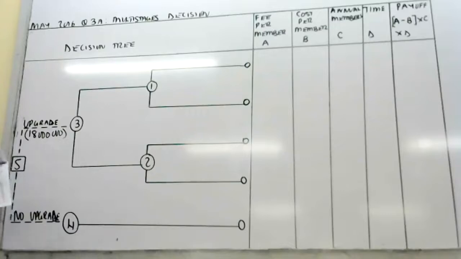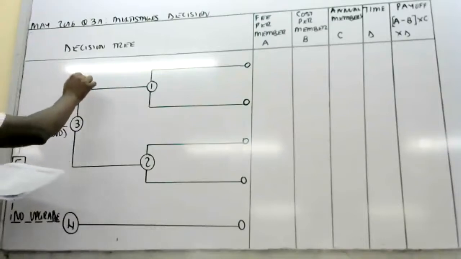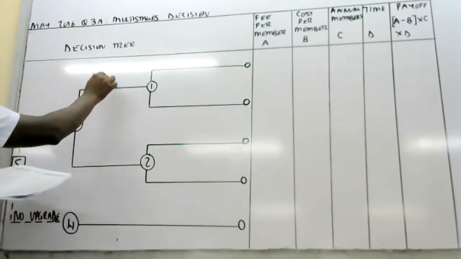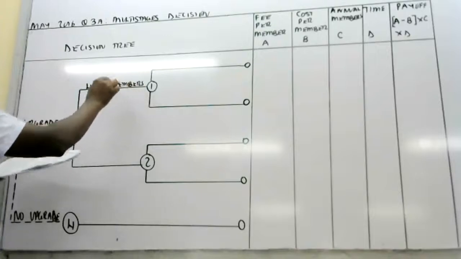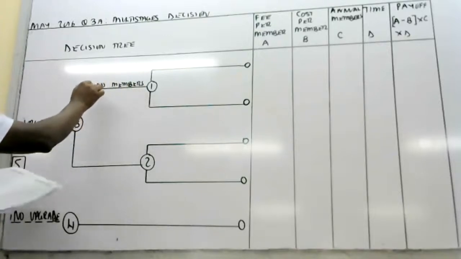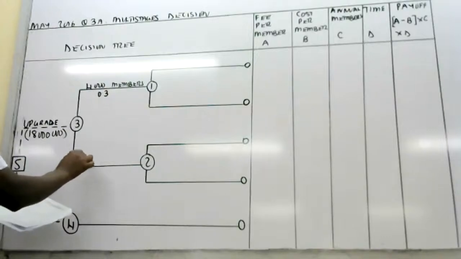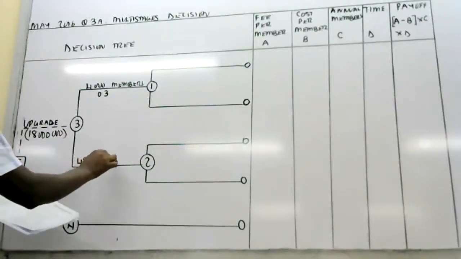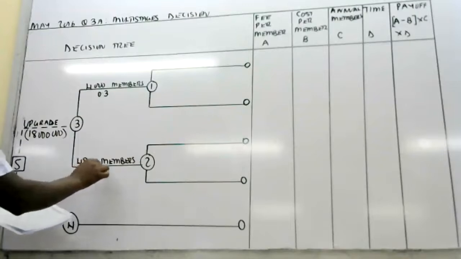So if there is no upgrade, or rather, when you do the upgrade here, you can have 4,000 members with a probability of 0.3, or you can have 4,800 members with 0.7.